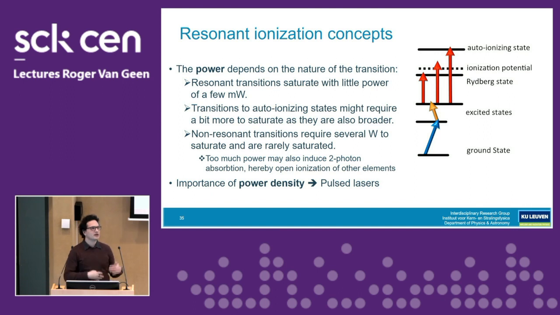Now, having nanosecond length pulses is sufficient. However, you require a high repetition rate to make sure that you will at least encounter an atom once in its passage through the ion source. So that's why those are operated at typically 10 kilohertz, which is rather demanding on those laser systems.